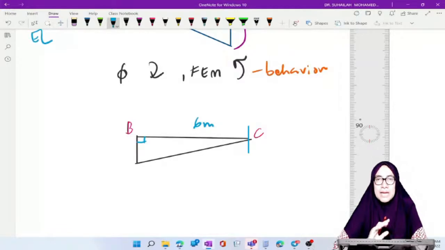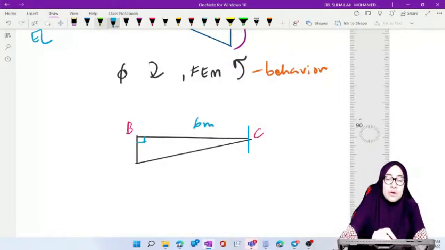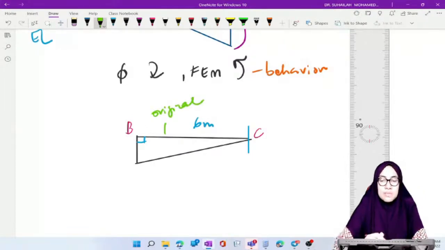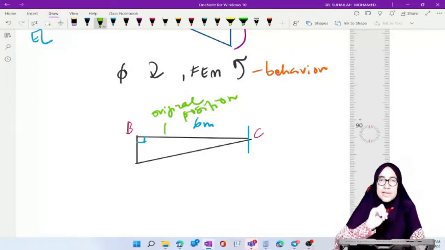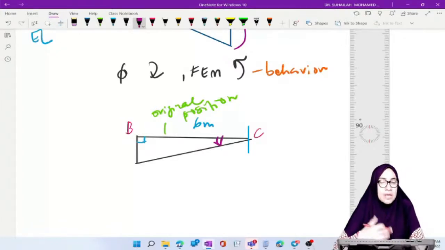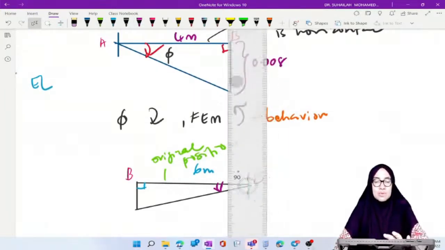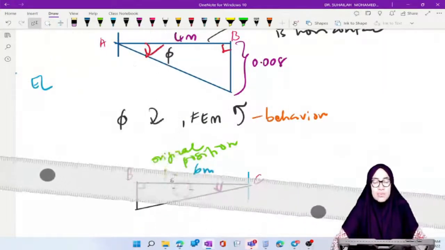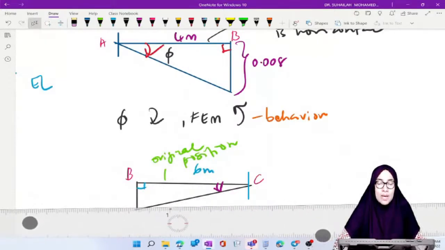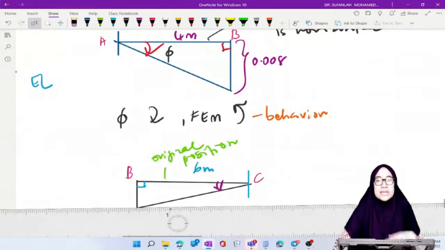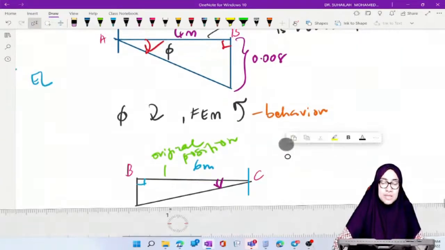Mark the angle from the original position. This is the original position. Now we want to mark the angle. It rotates counterclockwise. One more thing I want to highlight is that because this is a triangle, we apply what we already learned in school, especially in mathematics.